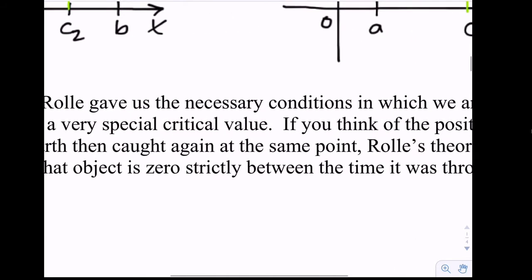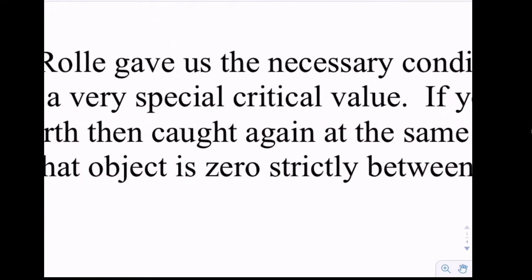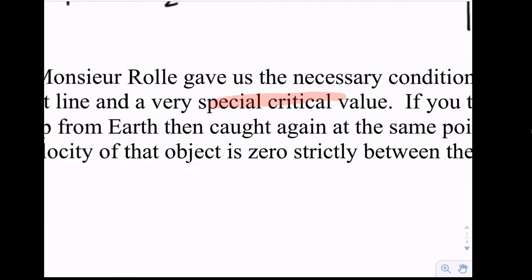He gave us the necessary conditions in which we're guaranteed to have a very special critical value. Why is it a special critical value? It's where the derivative equals 0, so it's special because it's a horizontal tangent line. Those are the smooth ones, okay?